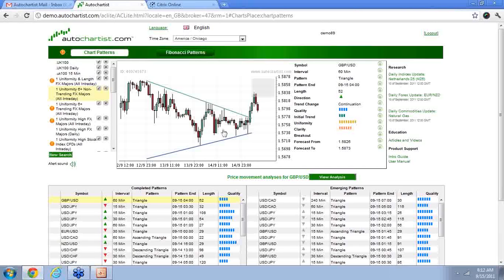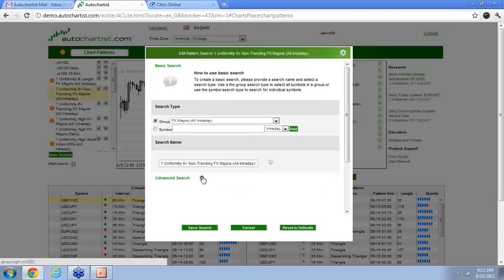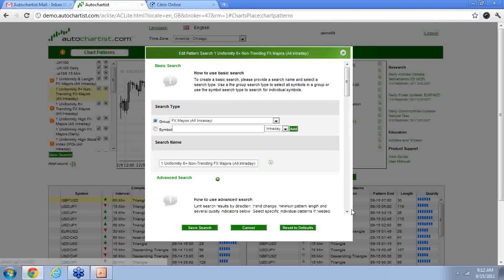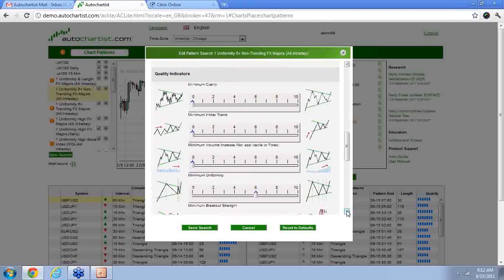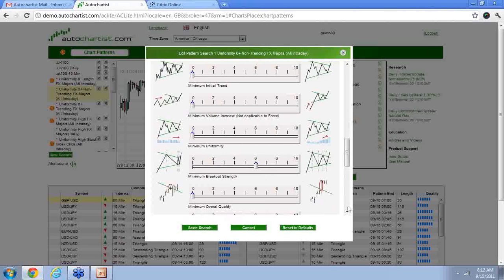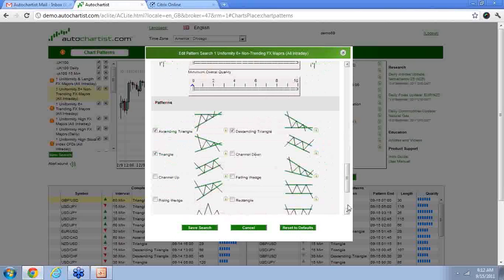And what you want to note is that I've selected a high uniformity rating here, and again, you can see how easy it is to go through these filters. I've set my uniformity rating high at 6, and I'm looking for non-trending patterns, which are triangles and pennants. They all compress.